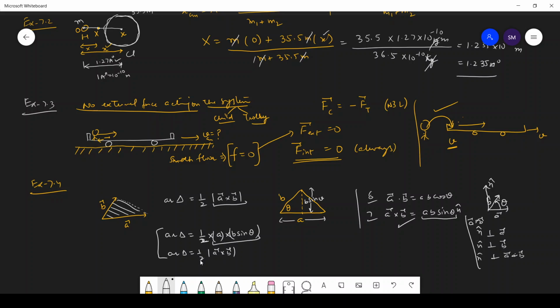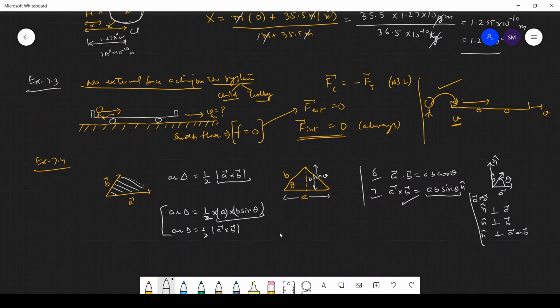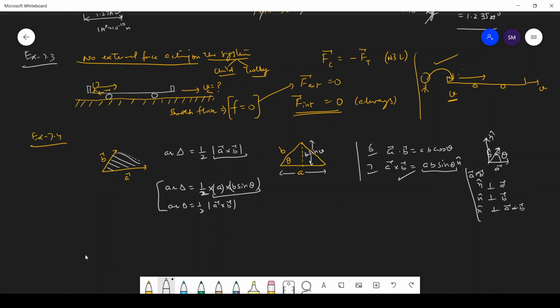Students, if we further extend it, you can see that if A and B form a parallelogram, we have two congruent triangles. These two are congruent triangles, so their area is the same. If I add the areas of both triangles, I get the area of triangle 1 plus the area of the other triangle.